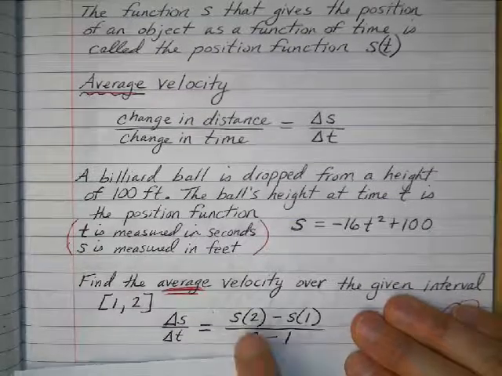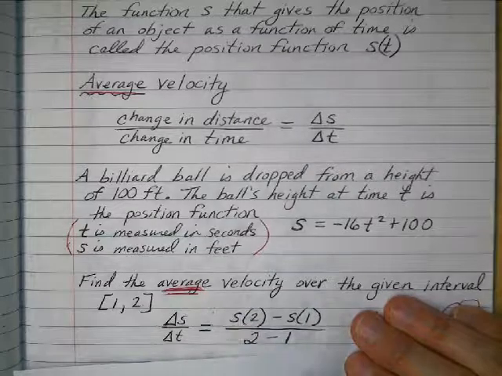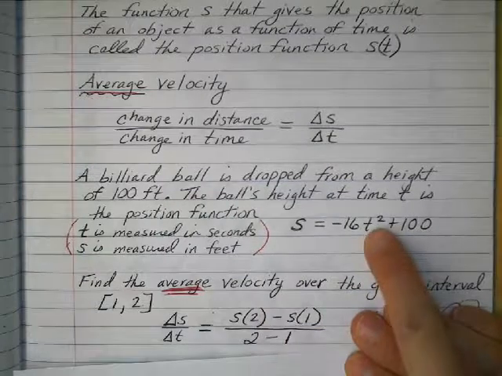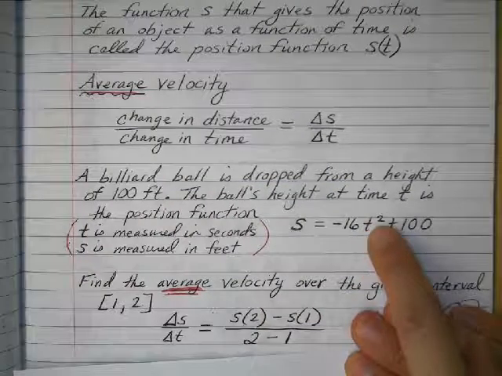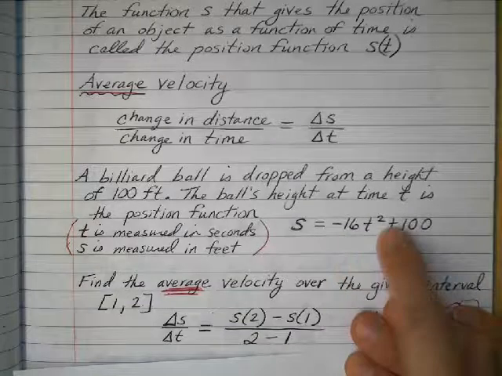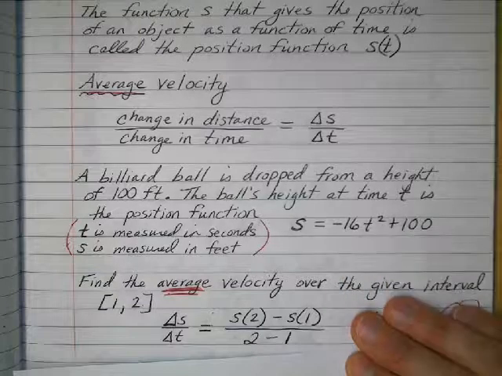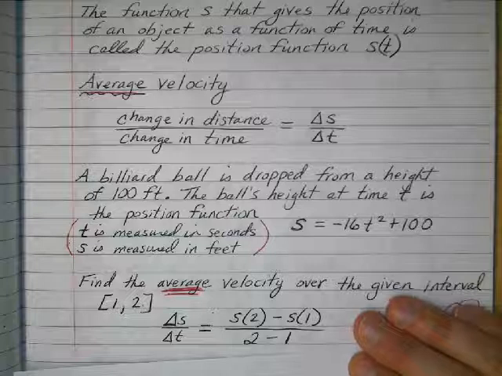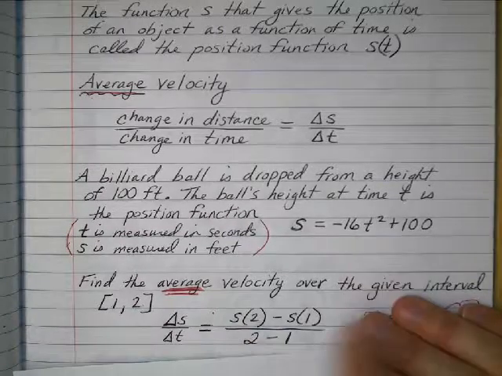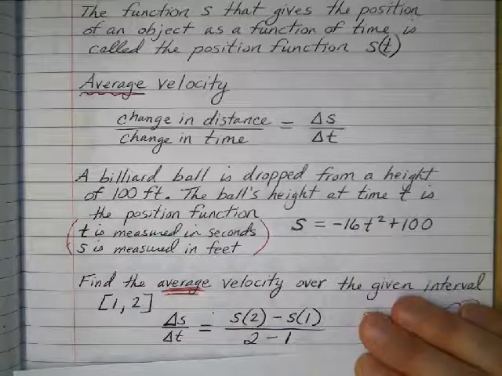So you just grab a calculator and plug in 2 seconds into this function. 2 squared is 4, 4 times negative 16, and then plus 100. Do you know what you'd get? Plug in s of 2.